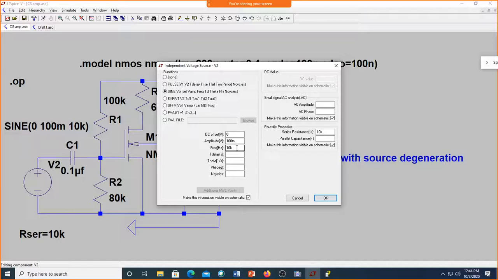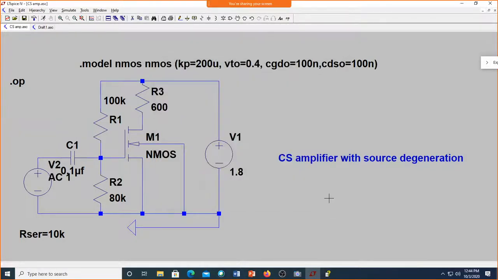So you have to select the source as none, and the AC amplitude should be 1. It is not 1 volt, it is simply an amplitude of 1. This is one of the major changes if you want to do any frequency response in LTspice.